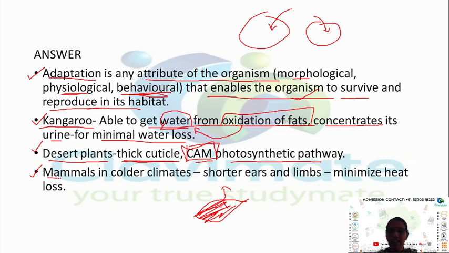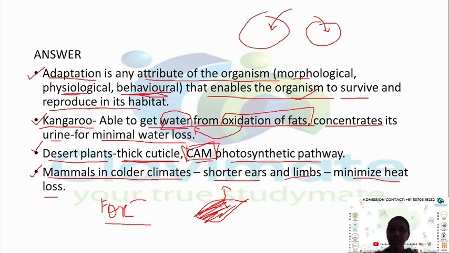And we have another adaptation, mammals in colder climates. They have shorter ears and limbs, so this will minimize heat loss. Another point is fox. We have fox in deserts, and you have fox in colder regions.